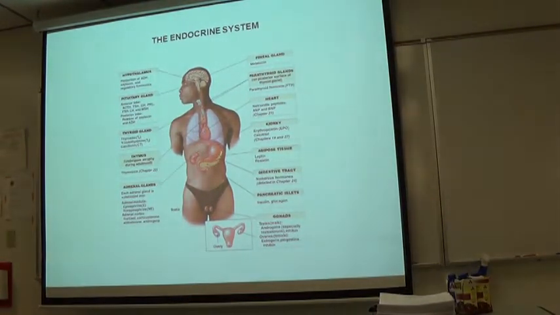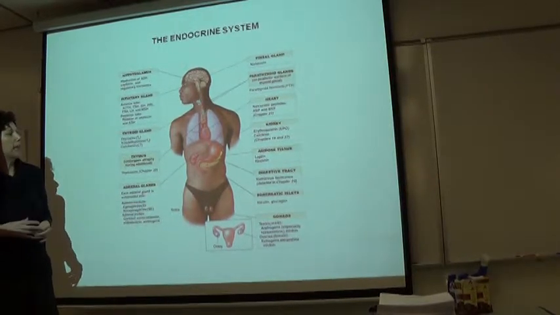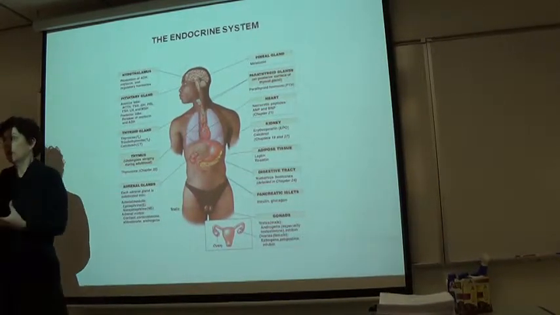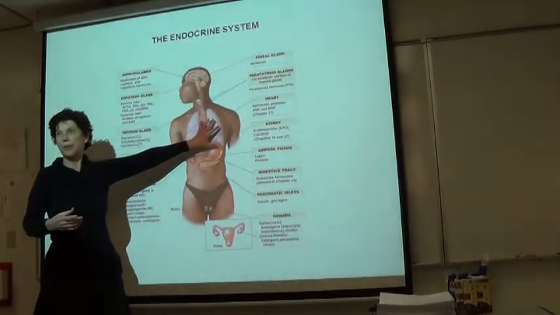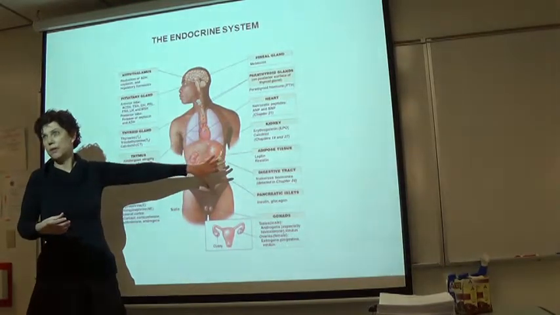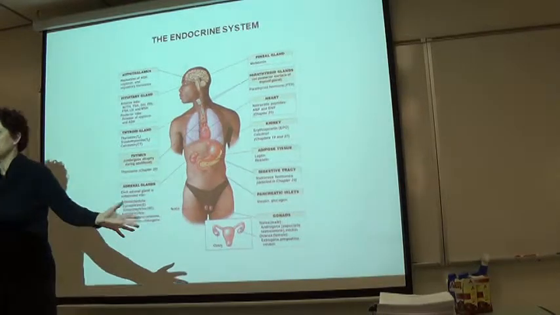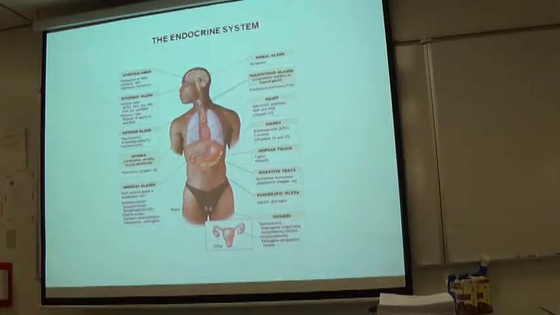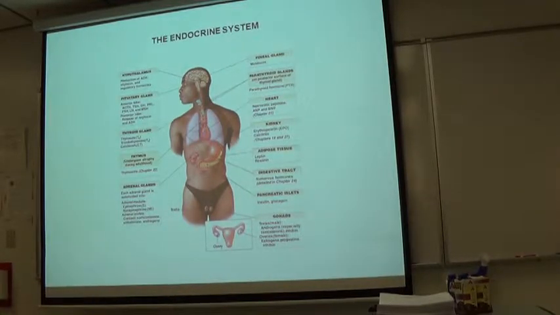And then most of you have heard of the thyroid, the adrenal gland, certainly the reproductive organs releasing hormones. But the heart makes a hormone. The kidneys make a couple of hormones, right? The stomach and small intestines make hormones. So there will be a few more organs than ones that we typically think of.